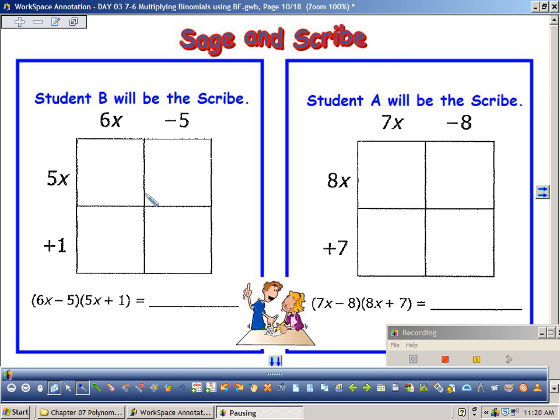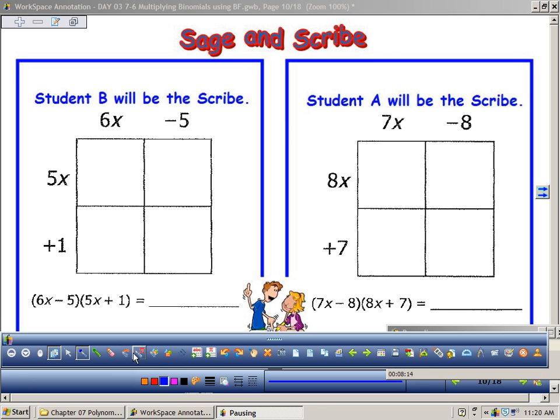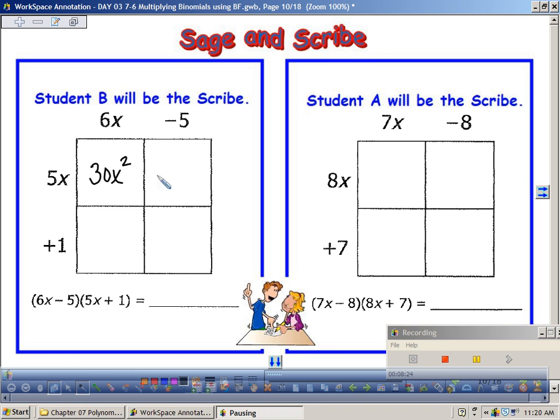Which one did you do, Eduardo? On the left or on the right? On the left. Okay. So why don't you Sage for me on this one? All right. So then you do 6x minus 5x, and then you do 3x squared. Perfect. And then 5x and 5x, good, and then you do 25x. Perfect.